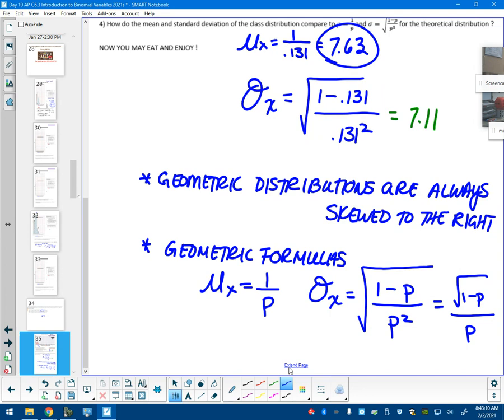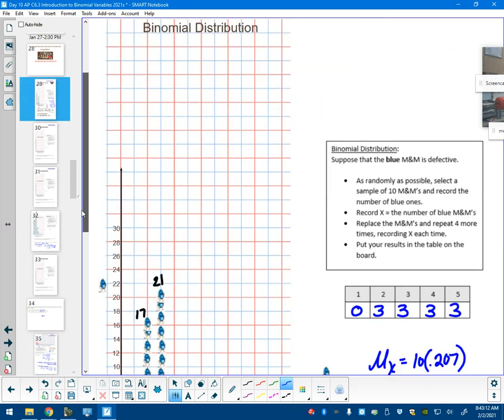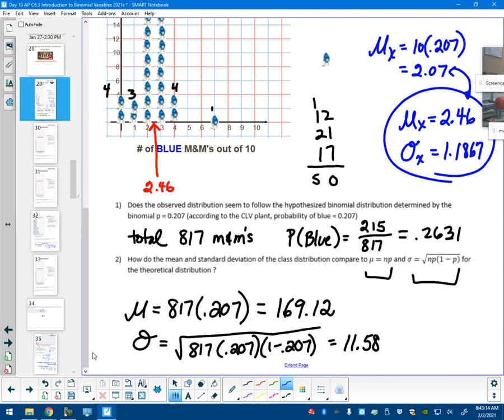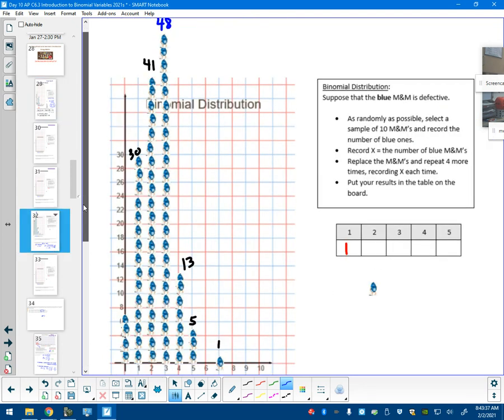Take a good look at those and then look at the binomial formulas. What's different about the geometric formulas? Yeah, they're dividing, but something else. So yes, I like that the geometric formulas have divisors.